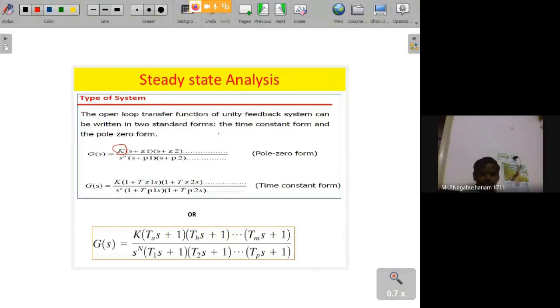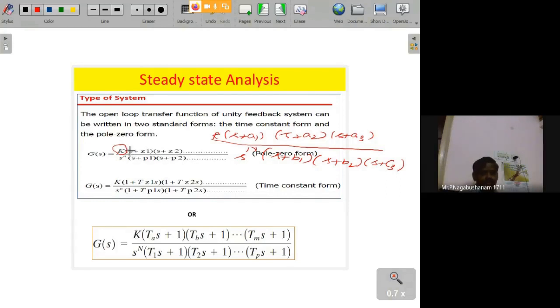Otherwise, you can take K into (s plus a1)(s plus a2)(s plus a3) in the numerator, divided by s power n into (s plus b1)(s plus b2), whatever notation you want. To understand the concept, they use Z1, Z2, Z3 for zeros and P1, P2, P3 for poles.